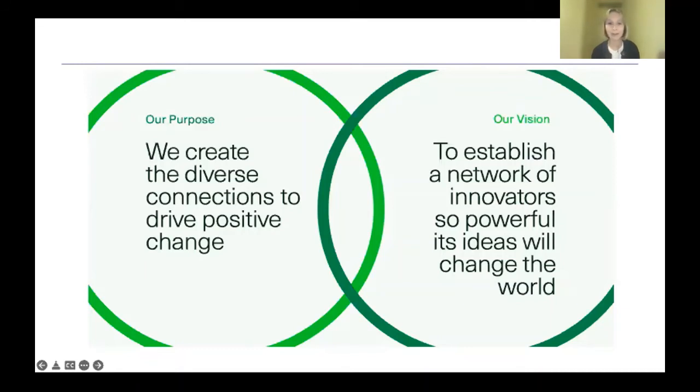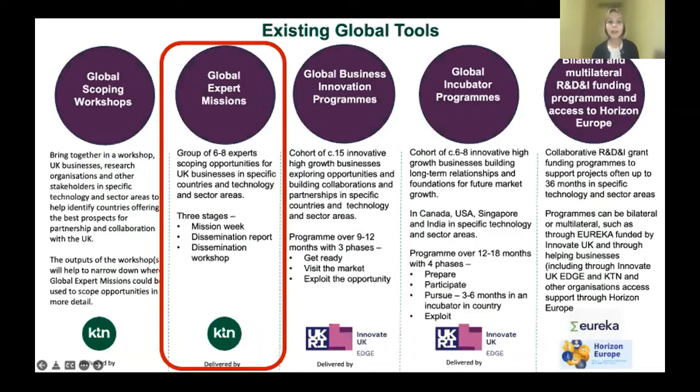We work very closely with Innovate UK to deliver quite a lot of their programmes, including the Global Expert Missions programme. I'm just going to pop back to the slide that I think David showed previously, which shows the Innovate UK International Toolkit, which we see as a bit of a pipeline. At the bottom, we've got some activities that are led by KTN and some activities that are led by my colleagues in Edge, like Louise, like this GBIP that we're here for today.